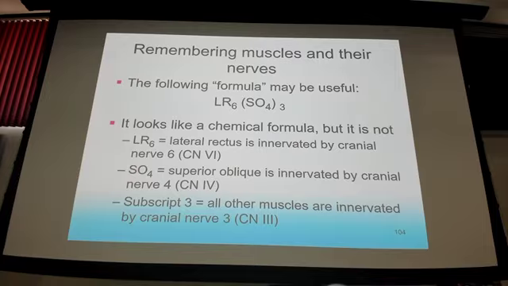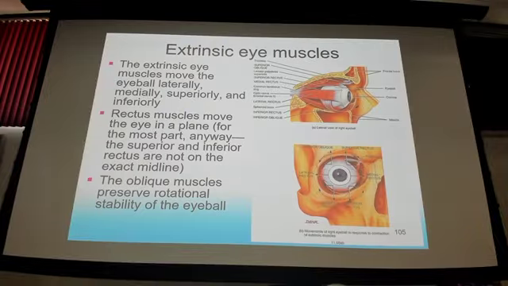So as we go through these, which we didn't do during cranial nerves, we're going to do now. That's a good formula to remember. As we start out looking at the eye, the extrinsic eye muscles attach right outside of the eye, and they're coming from the back of the orbit.